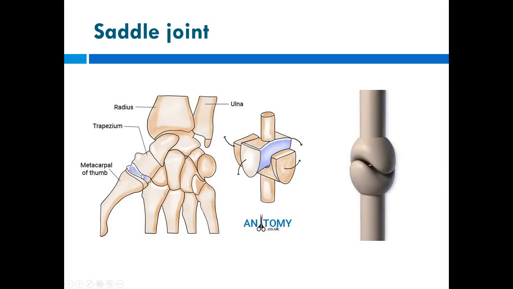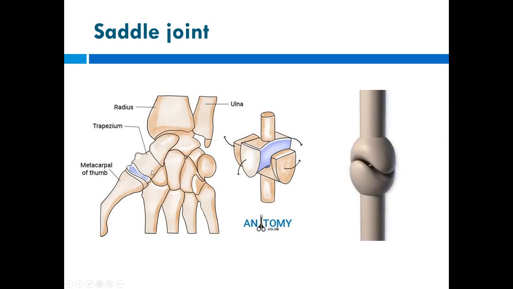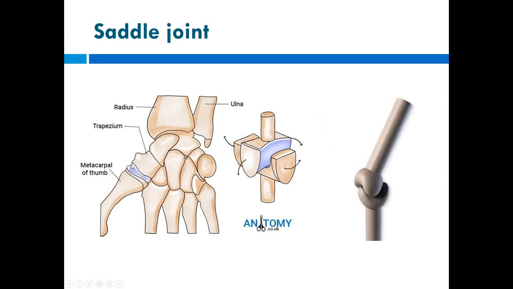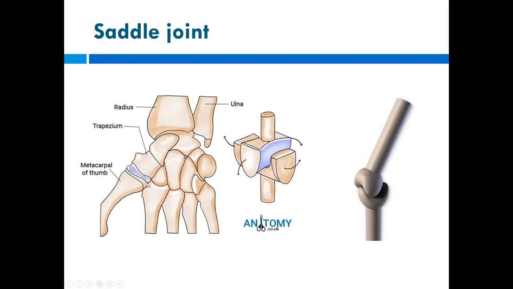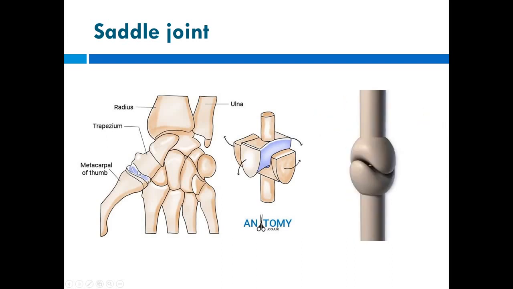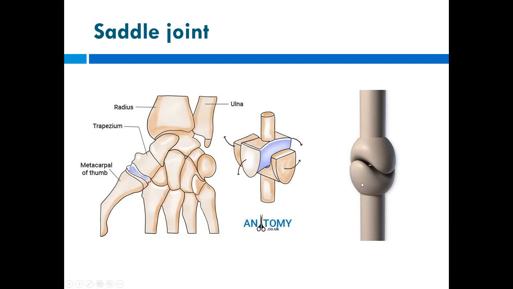You can see over here this joint is the first carpometacarpal joint, which is the joint between the trapezium and the first metacarpal bone of the thumb, and you already know that this is a saddle variety of synovial joint. Can you see that convexo-concave or concavo-convex surfaces are reciprocally present in the two bones? Over here we can see the animation of a saddle joint.